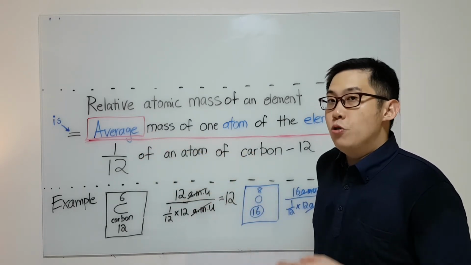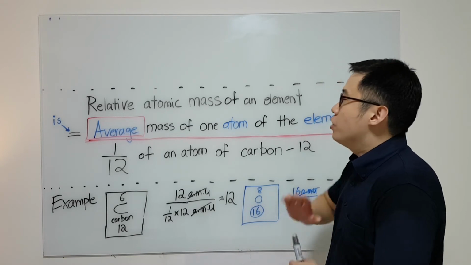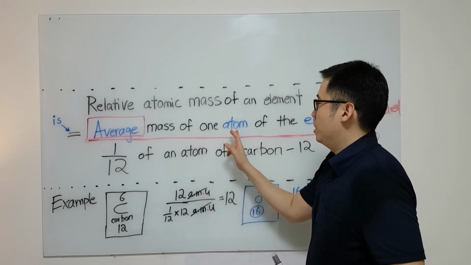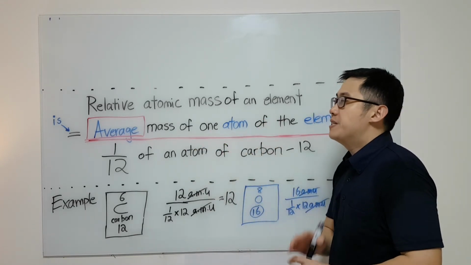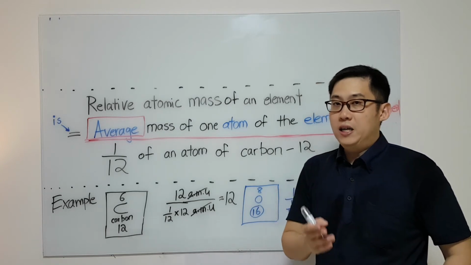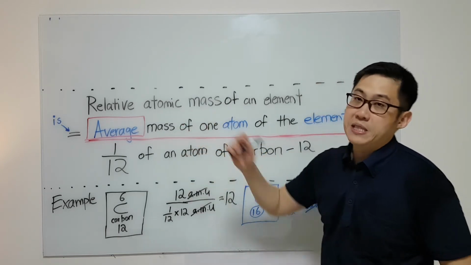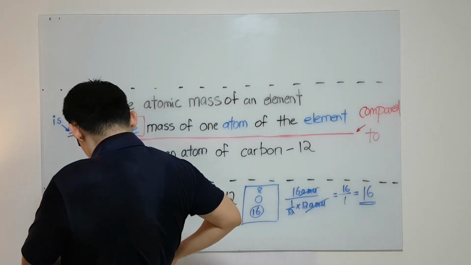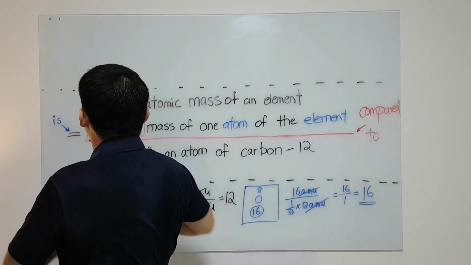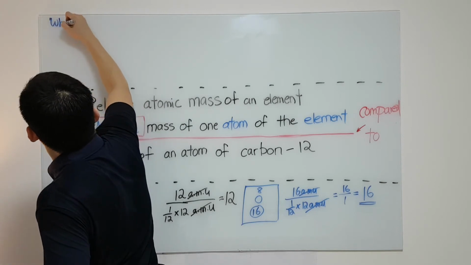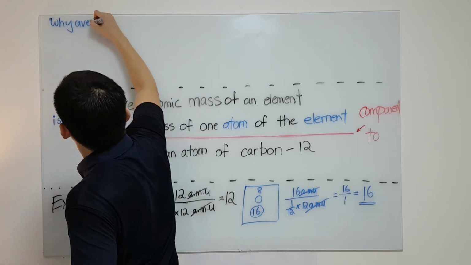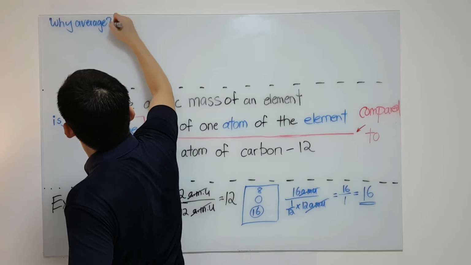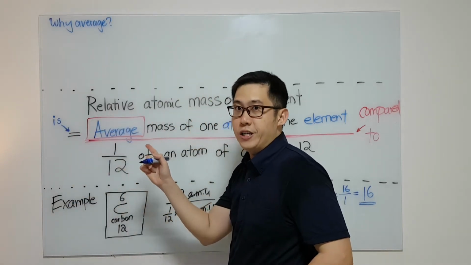If you recall, not all the atoms of the same element have the same mass. The question here is, why must we have the word average in there?